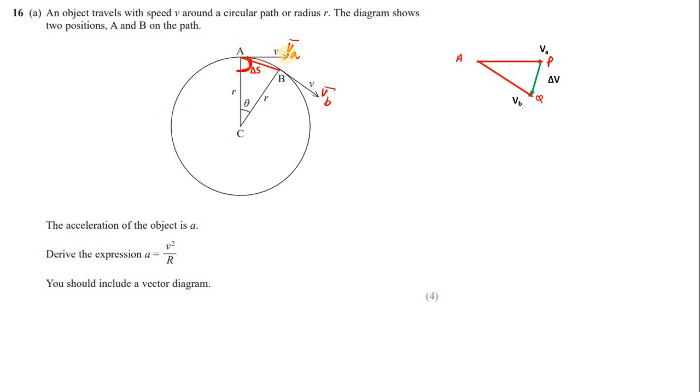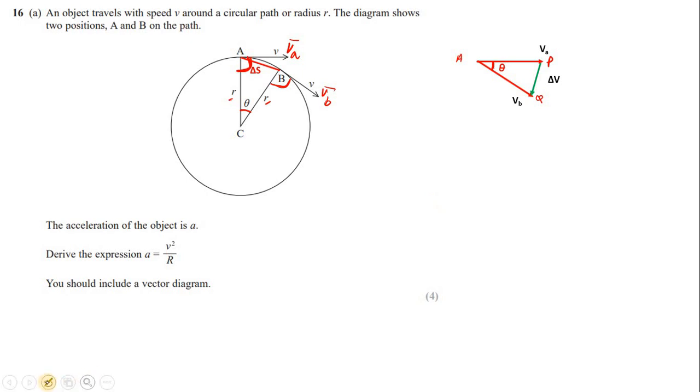So when vector vA becomes vector vB, it remains at 90 degrees. Because of this relation, if the angle between the two radii is theta, then the angle between vA and vB must be the same, theta.